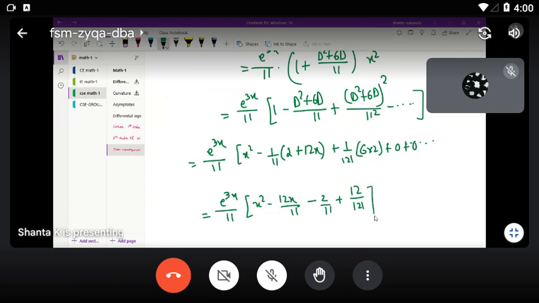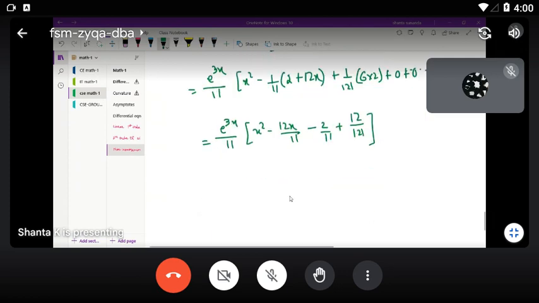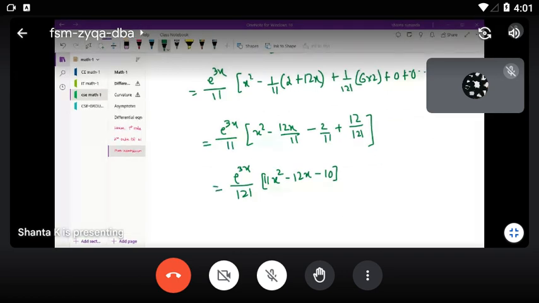Okay. So further you can take 11 to that side, you got 3x by 121. So we have x square, 11x square minus 12x, and here it will be minus 22 plus 12. So here minus 10. I think this is the answer.